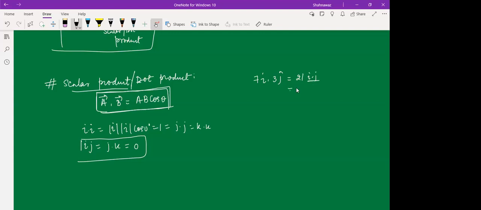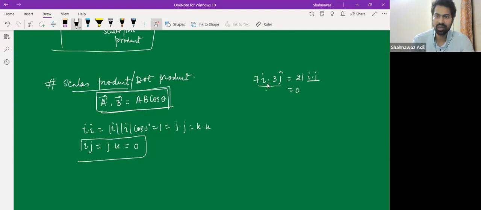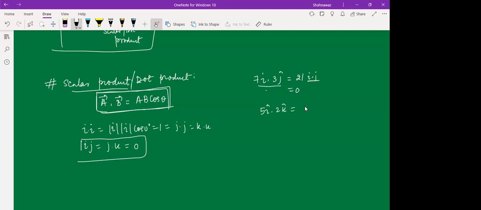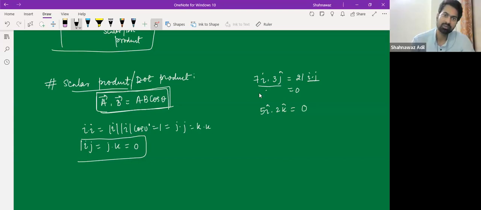So this would give me 0. Similarly, if I calculate 5I dot 2K, you can directly tell me that this would give me 0, right?